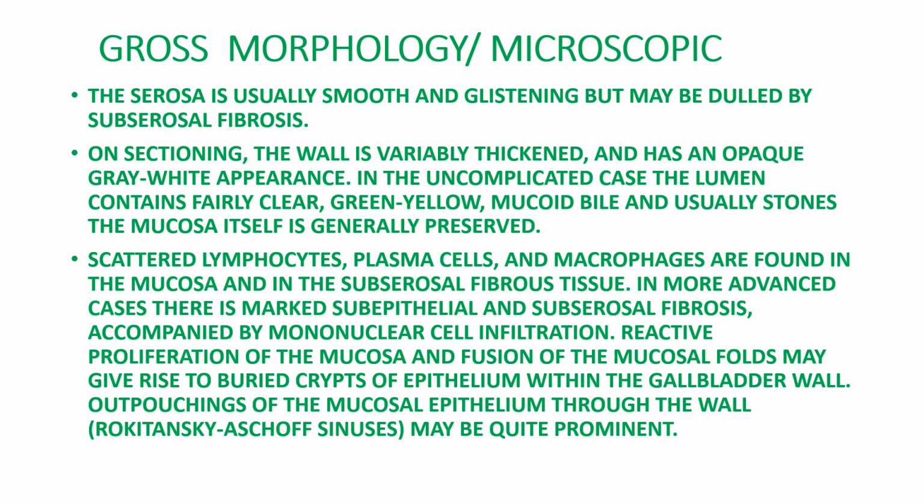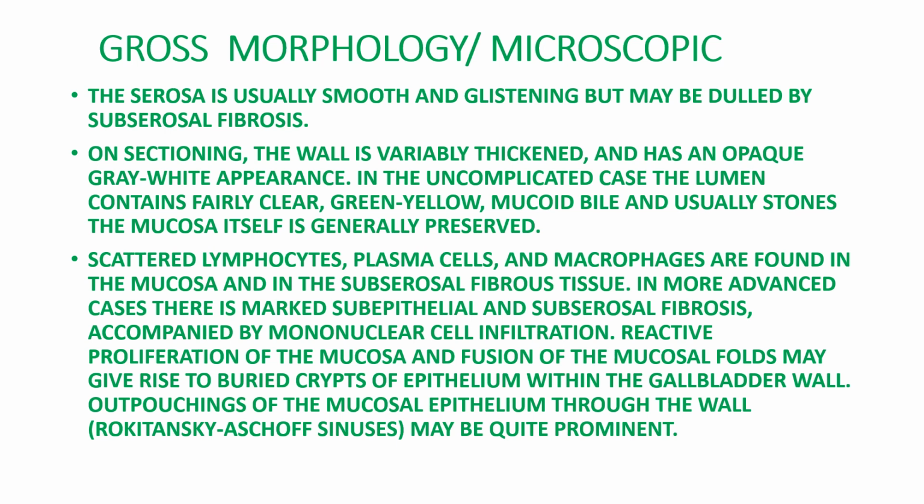This is very important to differentiate it from one form of carcinoma of the gallbladder, and it has an opaque gray-white appearance. In the uncomplicated cases, the lumen contains fairly clear green-yellow mucoid bile. What does it mean?